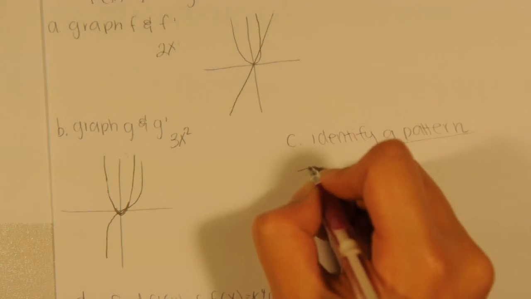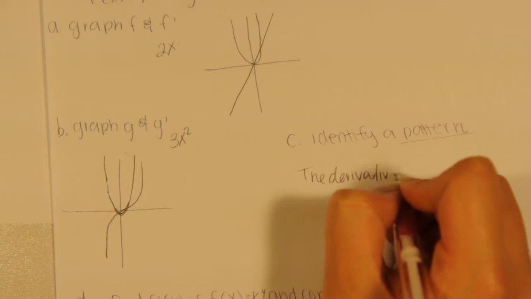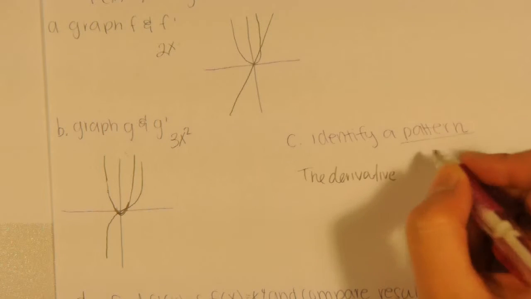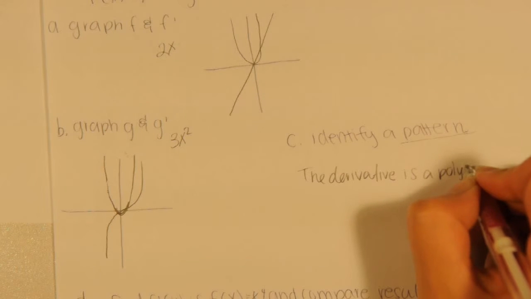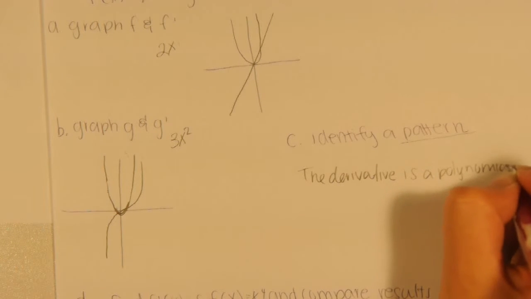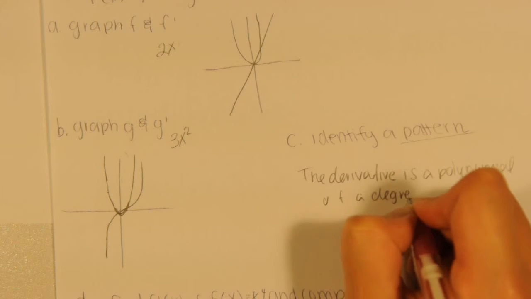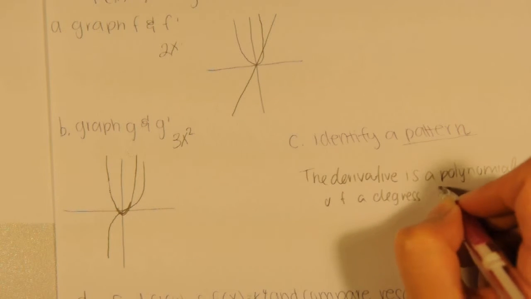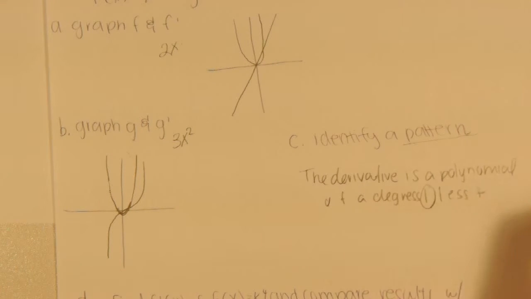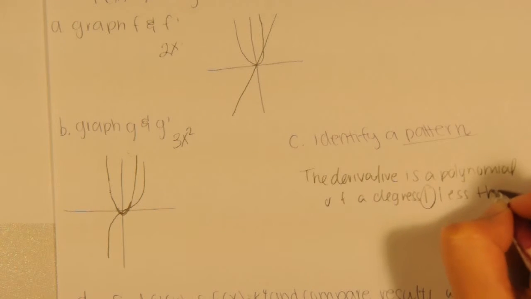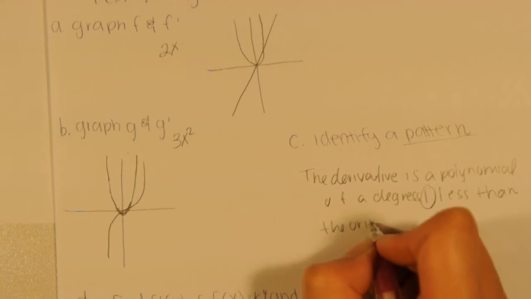So, the derivative is a polynomial of a degree one less, specifically one less, than the original function.